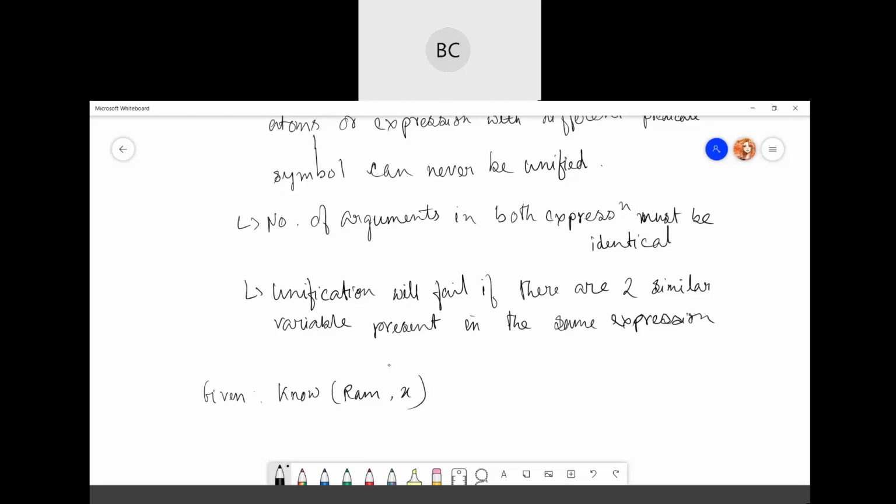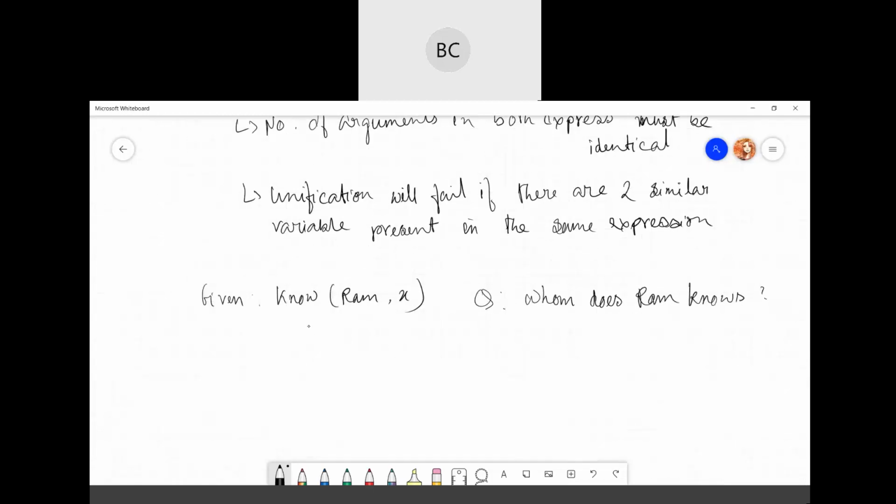with some sentences. Okay, so the first question will be: whom does Ram know? Question is, whom does Ram know? So the Unify algorithm will search all related sentences in your knowledge base which would unify with Knows(Ram, X).